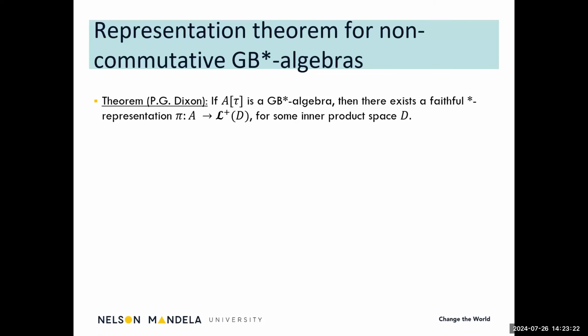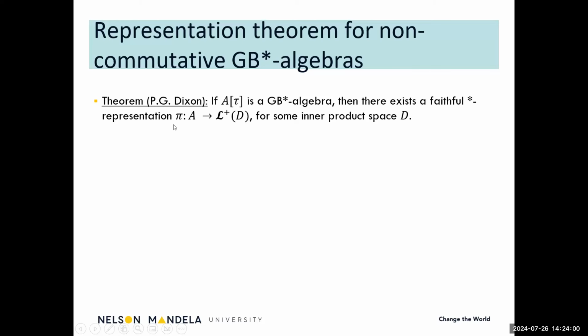A GB-star algebra generalizes this idea, except that now you represent it faithfully as a star subalgebra in this L^+(D). This L^+(D) is the set of all unbounded linear operators which map the domain to itself, for which the adjoint also maps the domain to itself, and which are closable. So it's those types of unbounded linear operators.